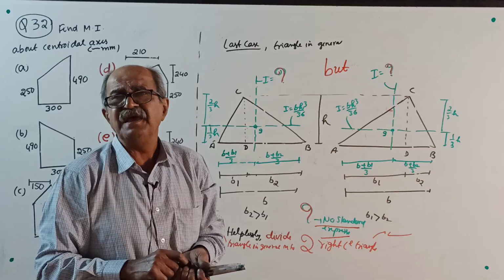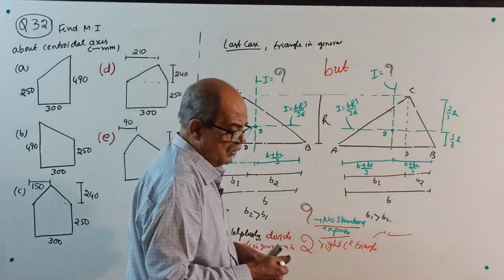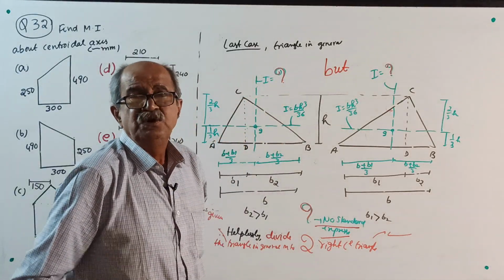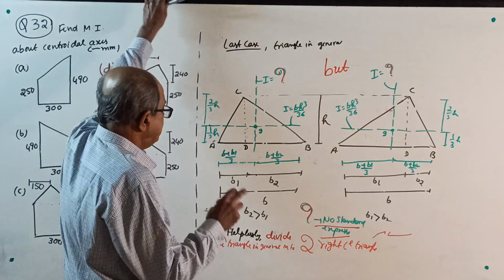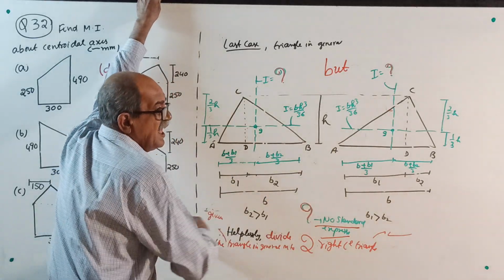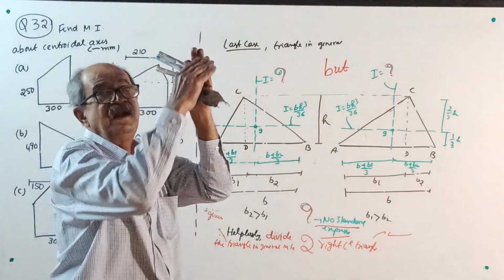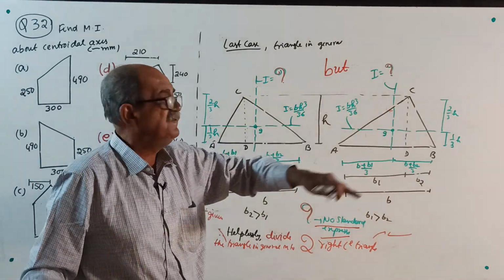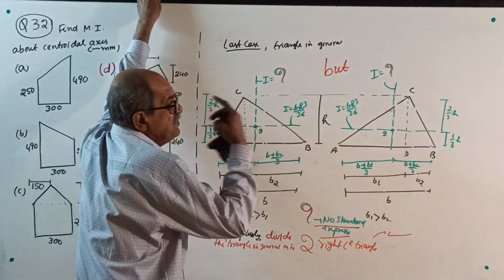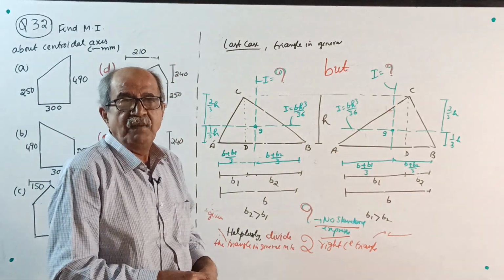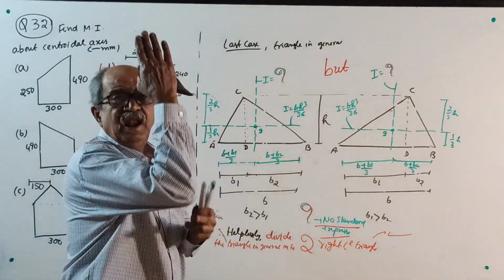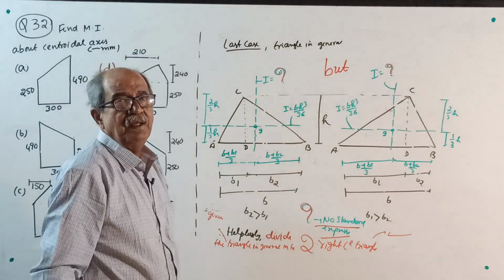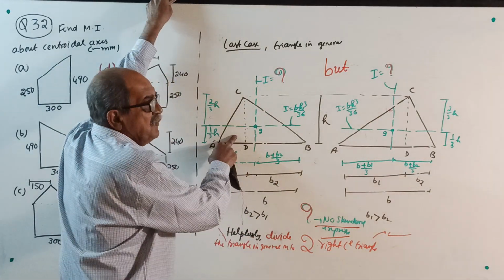Why? Standard case. So how to divide? Now one doubt comes. Do you require division if your purpose is I about a horizontal axis? If you require I about any horizontal axis, no division is needed. But when you want I about any vertical axis, then you require this. That is a problem. Suppose you don't divide into parts.